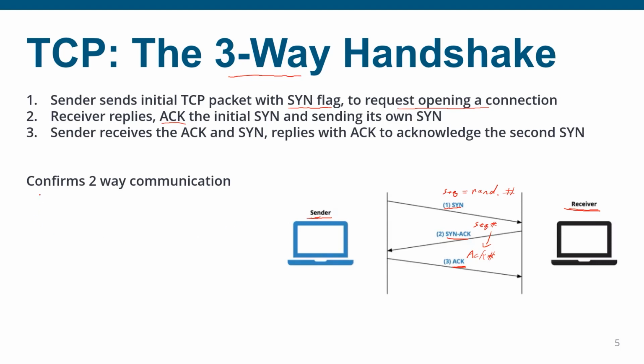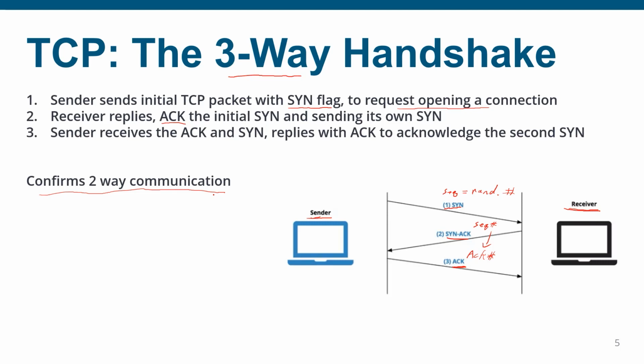This confirms two-way communication with both parties. Both the sender and the receiver, in this case, know that both of them are receiving each other's information. This is what establishes a, quote, connection, is knowing there is reliable communication between each other.